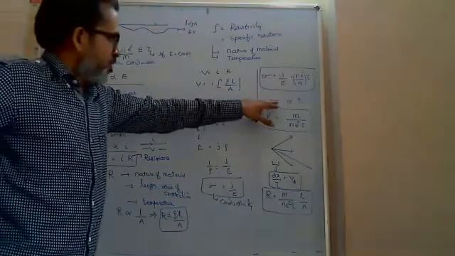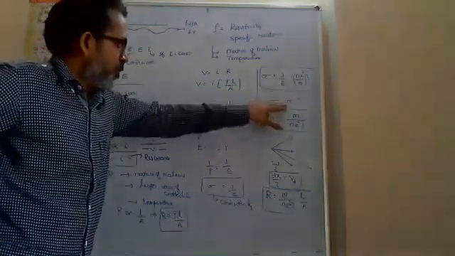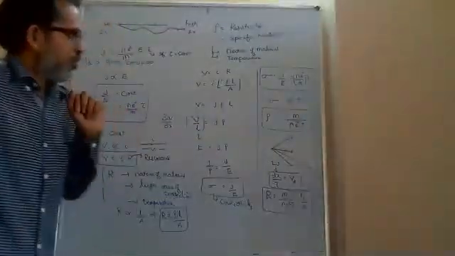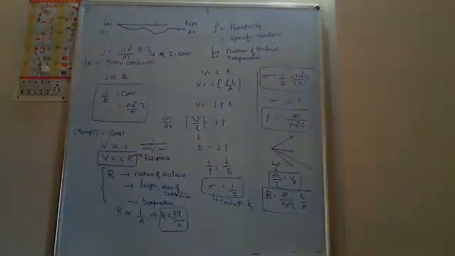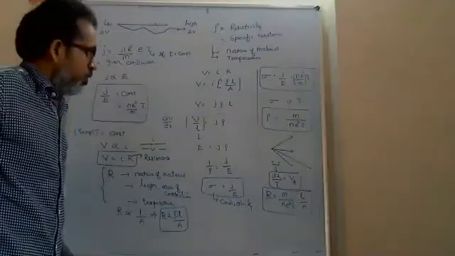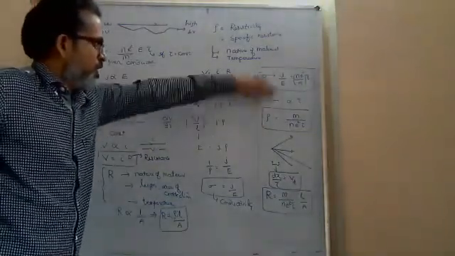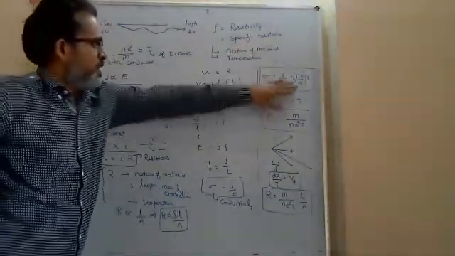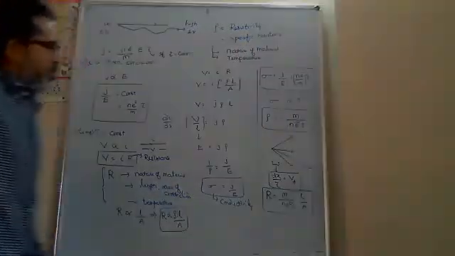That implies conductivity depends upon relaxation time tau as directly proportional to tau. And from the exam point of view, I wrote the rho also. Here this is sigma, rho is the reciprocal of sigma, that is m by Ne square tau.